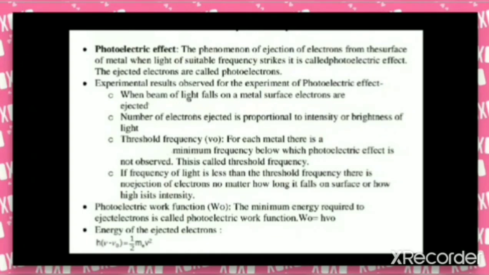If the frequency of the light is less than the threshold frequency, then there is no ejection of electrons, no matter how long it falls on the surface or how high its intensity. From this we come up with the formula h nu minus h nu 0 is equal to half m v square.